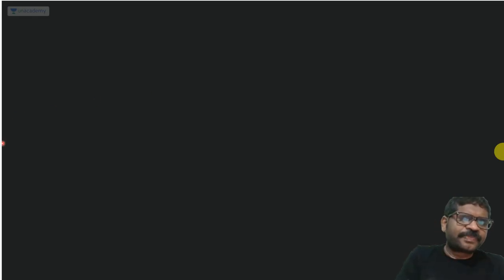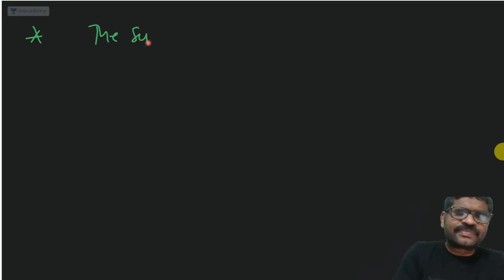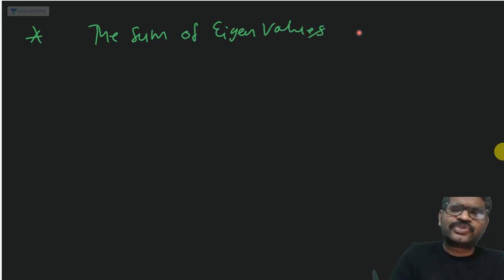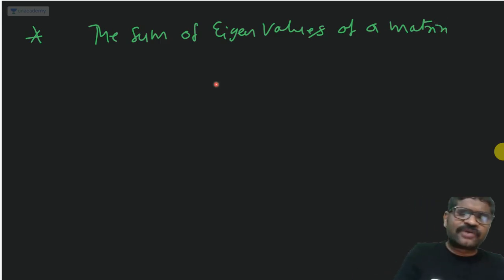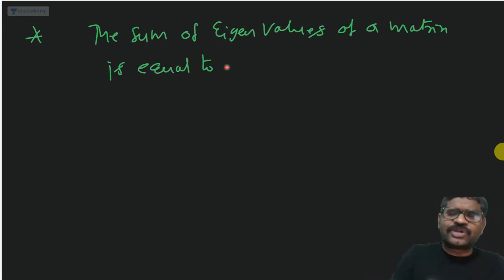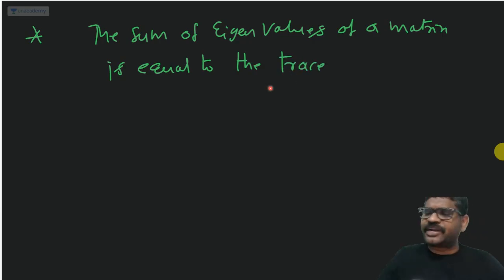First property: the sum of eigenvalues of a matrix is equal to the trace of the matrix.